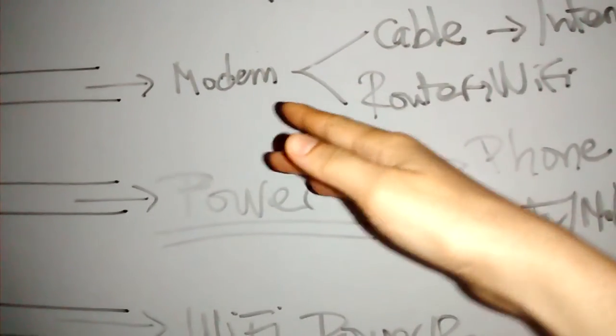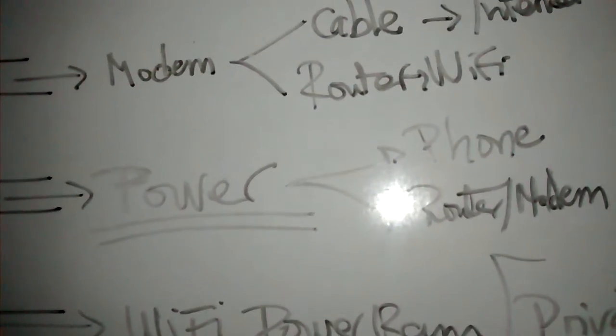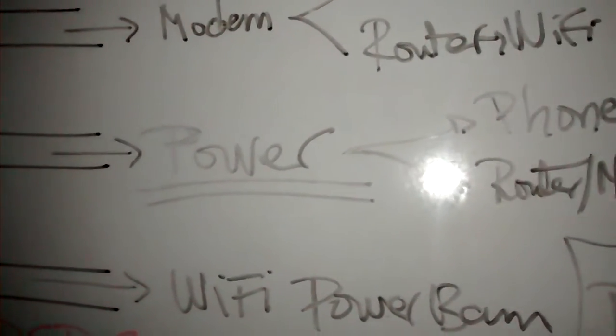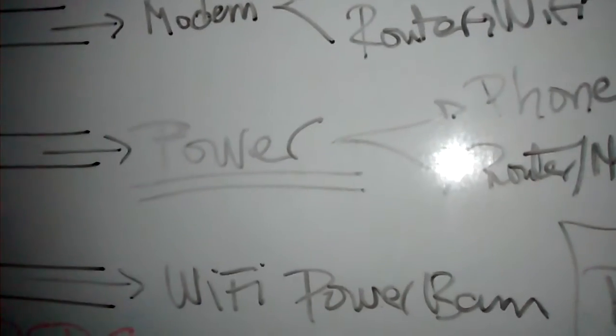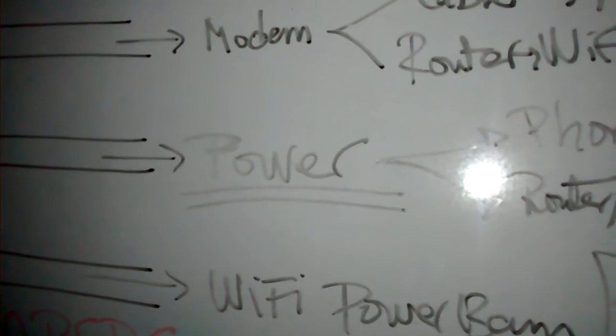So now you know that if you don't have power, then you have no modem and no router, which means that you won't have Wi-Fi. But if you have the UPS connected to the modem and the router, you will still have Wi-Fi and internet, even without power. If you don't have power and you don't have a modem or whatsoever, you can get the phone line.